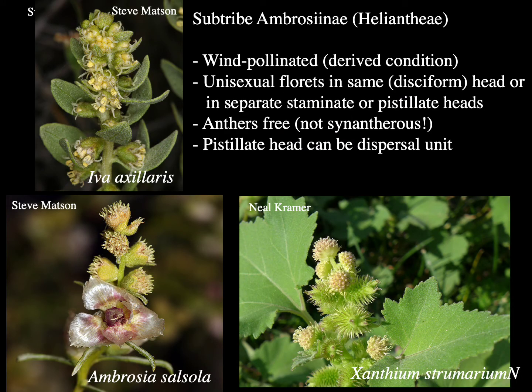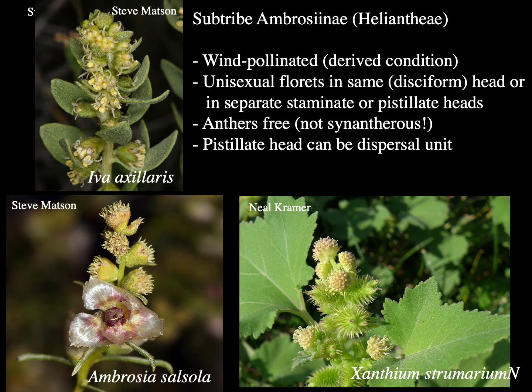And some of the most derived morphologies we see within the Heliantheae Alliance occur within the subtribe Ambrosiinae, the ragweed subtribe of the Heliantheae tribe in the strict sense. And these have heads that are almost not recognizable as heads of Compositae, largely because they represent radically derived conditions following a shift to wind pollination.